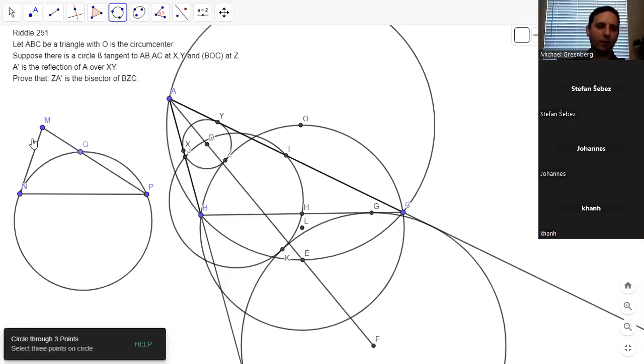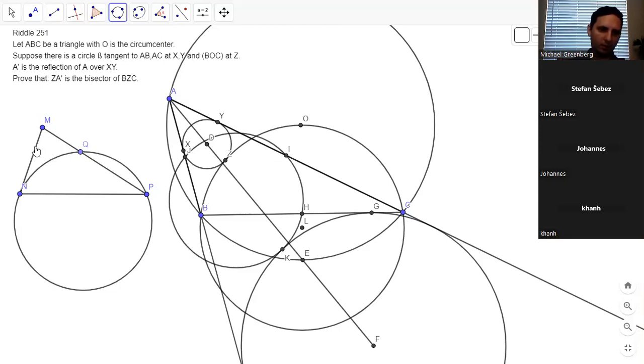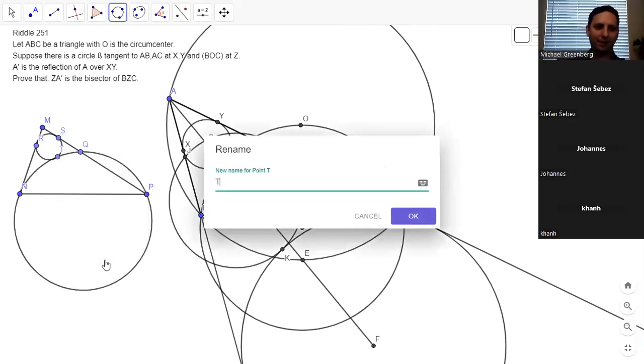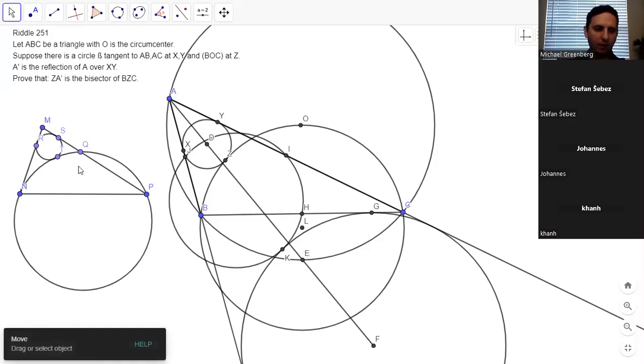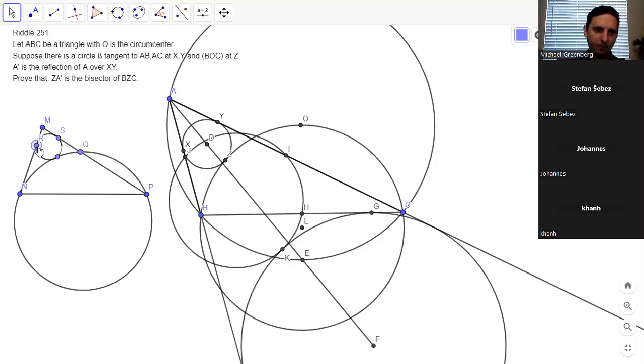Let the tangent point be T. Okay, I'll just pretend this is tangent. Then the line through T and the incenter of triangle ABC bisects angle BTC.